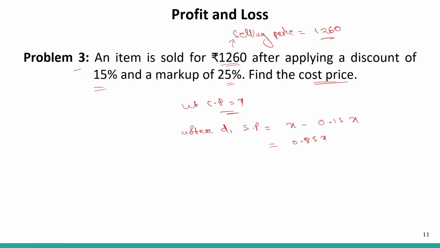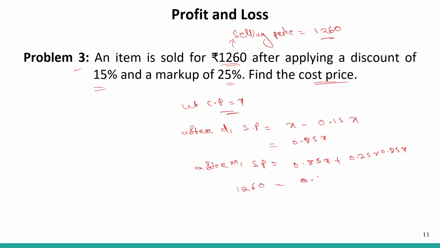So then what happens is we got a markup of 25%. So in this price, we get a markup. So after M1, that is markup 1, SP, that is the selling price, will be 0.85x plus 0.25 into 0.85x, right? So this amount will be equal to 1260, right?